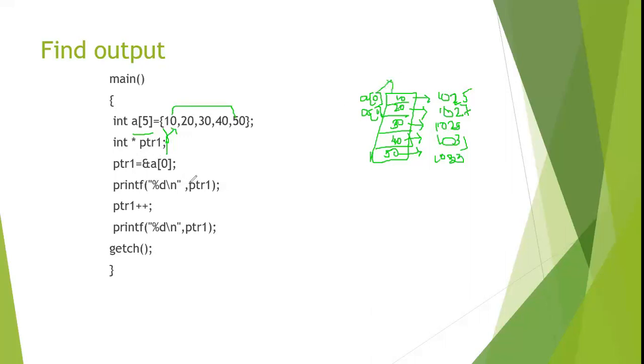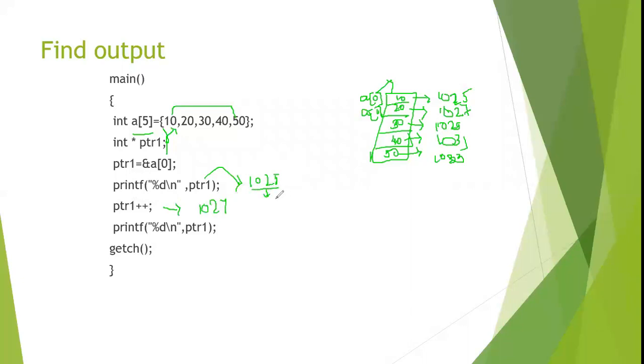And then I say printf PTR. So what will be the output in this case? 1025. Right? And then I say PTR plus 1. So what will it do? 1025 will be incremented by how many bytes?